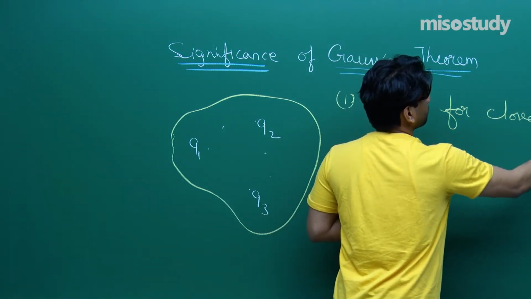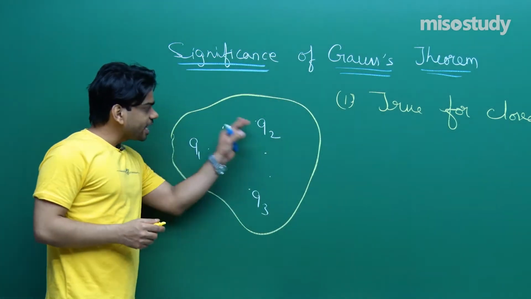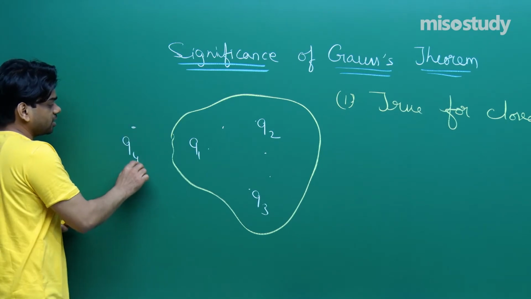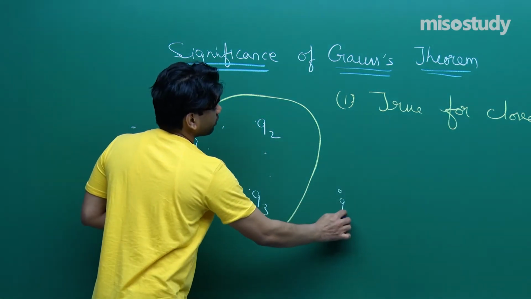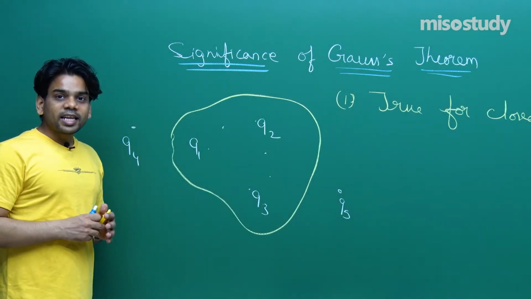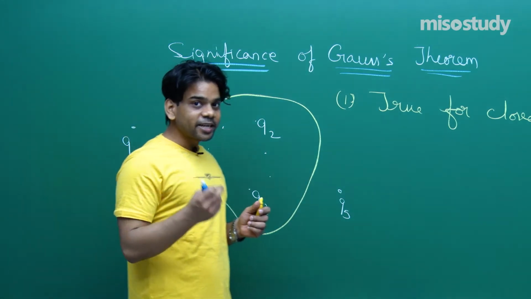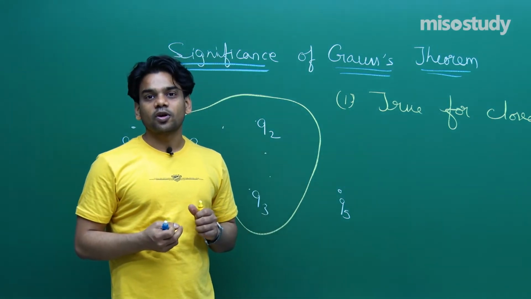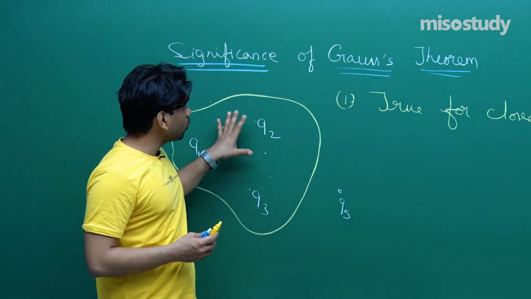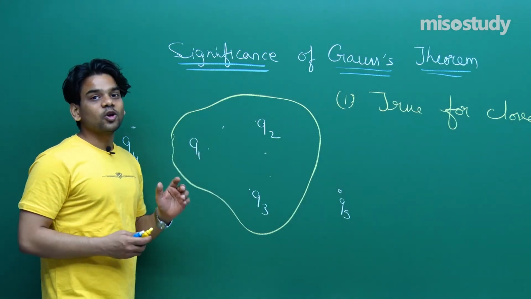First point. Next thing, you see there are charges enclosed. Now there may be charges outside also, say Q4 and Q5. In the Gauss theorem formula, we have that electric flux, integral of E dot ds, is equal to Q upon epsilon naught. The charge on the right hand side should be only the inside charge, that is the charge present inside the Gaussian surface.